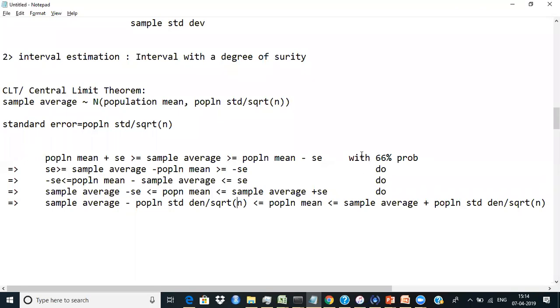Now, another question. If I want to increase the confidence level, will my interval become narrower or wider? Wider.